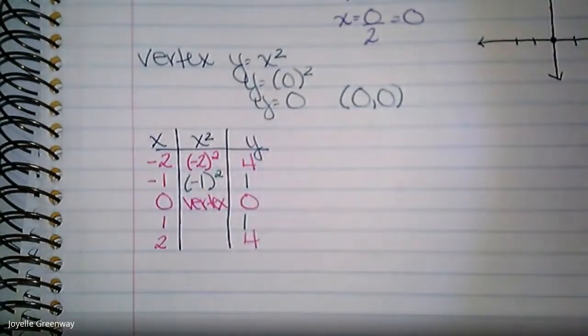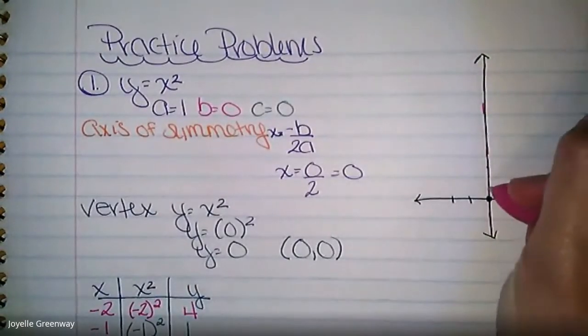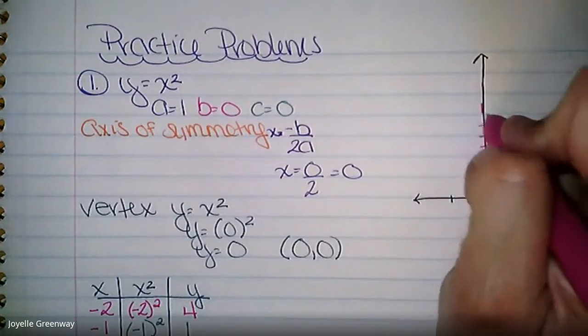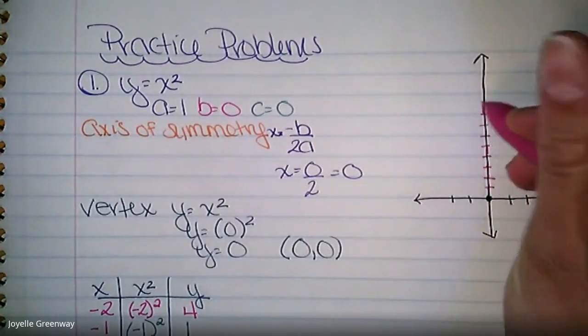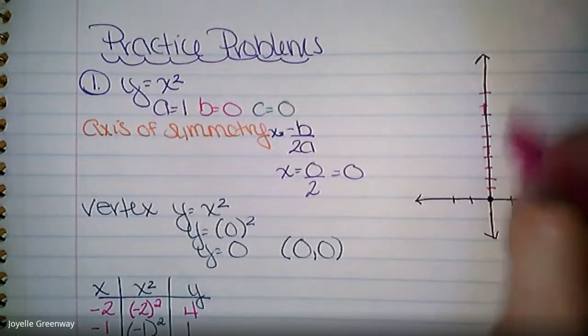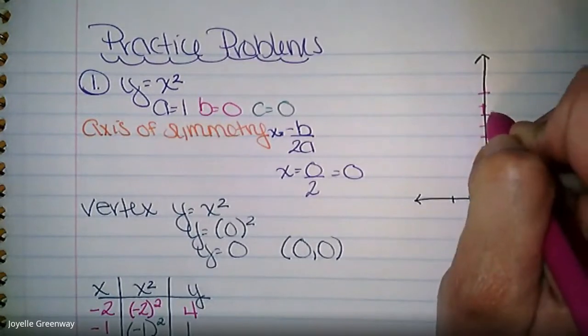So now I can plot those points. So I have -2, oops, actually, I can just do 1, 2, 3, 4. Just bear with me. So this is 1, 2, 3, 4.